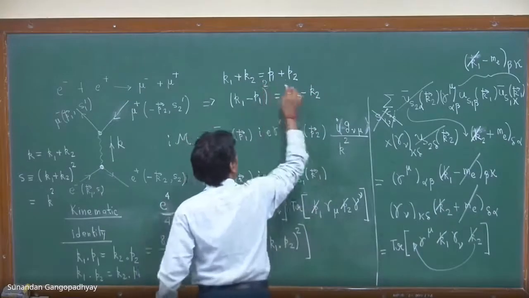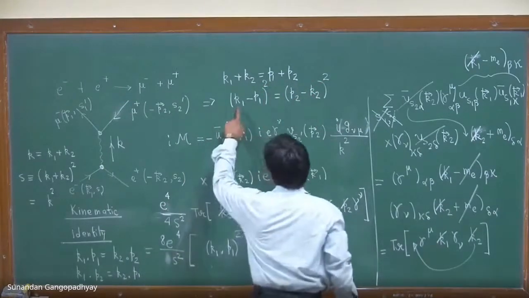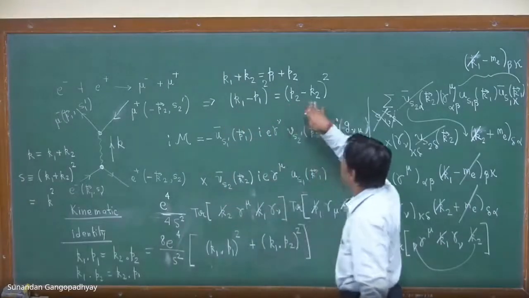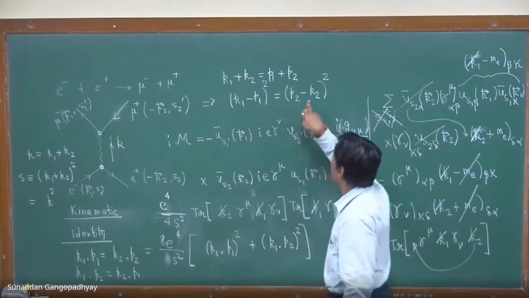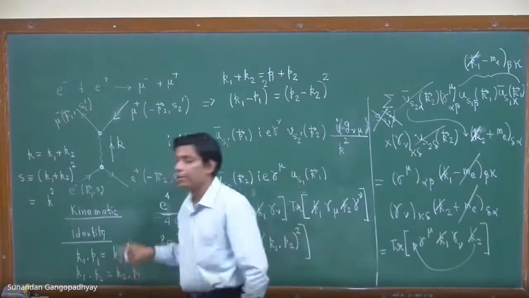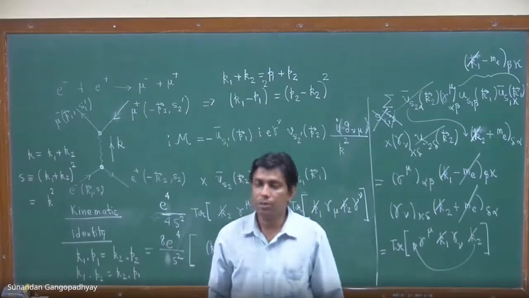Now you take a square of both sides. So you will get K1 square plus P1 square, both are 0, equal to P2 square plus K2 square, both are 0, we will get minus 2 K1 dot P1 equal to minus 2 P2 dot K2. So that gives you K1 dot P1 is equal to K2 dot P2. And similarly, you can prove the other identity. Is it okay?